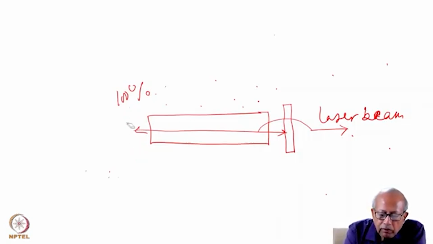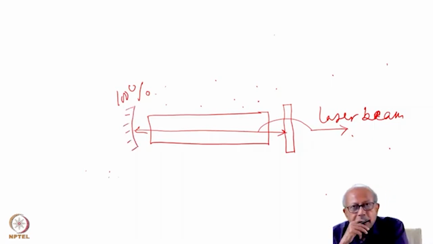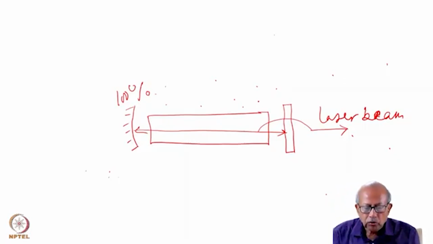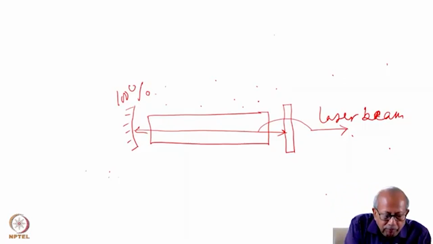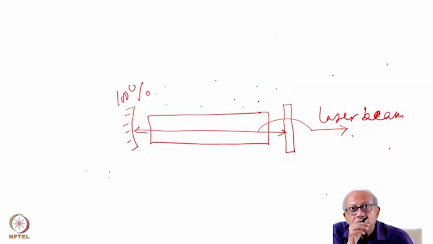So for example, we make it slightly concave. Now, we have to introduce the pump laser beam, that is the output from the second laser, into this cavity.